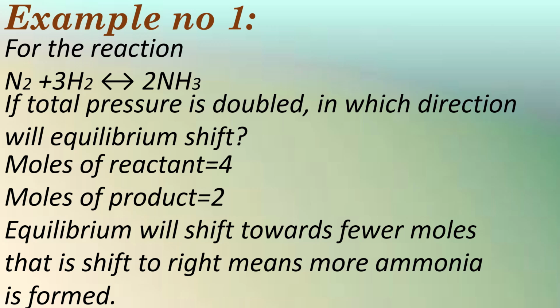So equilibrium shifts toward fewer moles, that is, shifts toward right, meaning more ammonia is formed. So if we increase pressure, the volume should decrease and the equilibrium shifts to that direction where there is decrease in volume, that is towards right. More ammonia is produced, more product is produced.